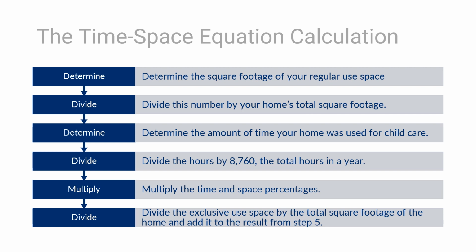Step 5, multiply the time and space percentages. And finally, divide the exclusive use space by the total square footage of the home and add it to the result from step 5. Using these steps, you can easily determine how many of your expenses can be reimbursed using grant funds or be deducted on your federal income taxes.